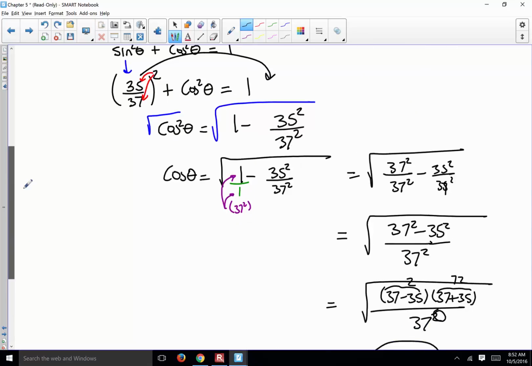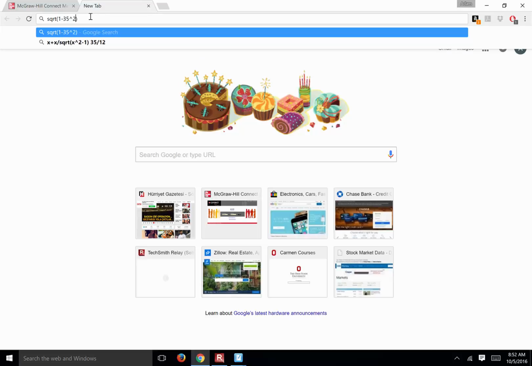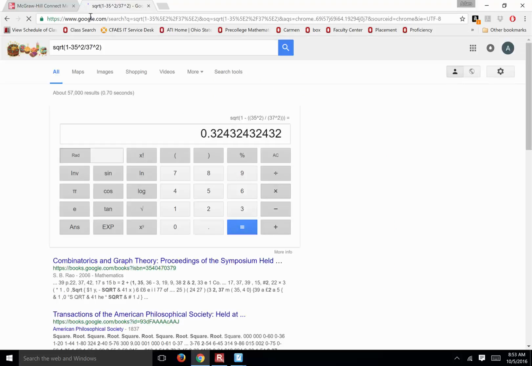Alright. Well, could you do this with calculators? I don't know. Let's see. Square root of 1 minus 35 squared divided by 37 squared. No, your calculator will not give you the final answer.